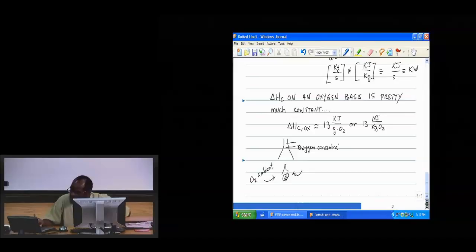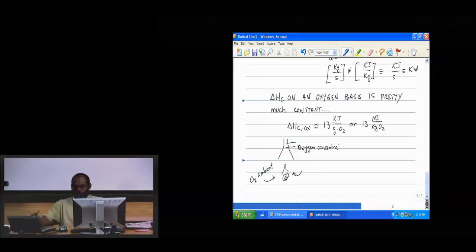And I ask myself, how much oxygen was consumed between the ambient and this product stream? If I consumed a certain amount of oxygen, that is related to how much heat was released based upon this delta Hc.